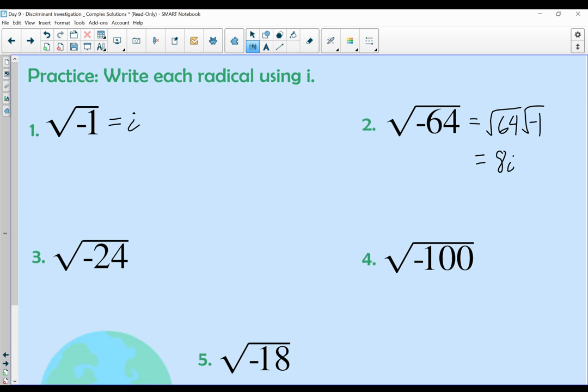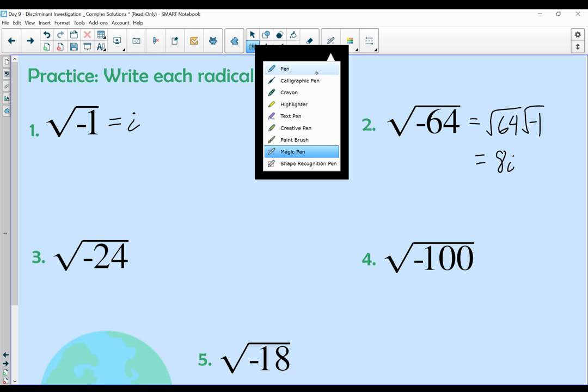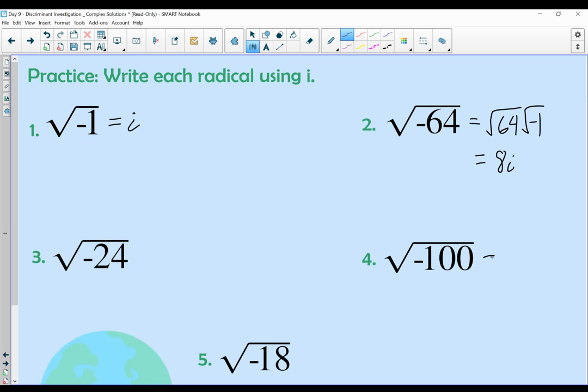That is a perfect square, which is number 4. So I'm going to skip down to number 4 real quick. I know that the perfect square of 100 is 10. So I know that the square root of -100 is going to be 10i. Okay? The negative basically becomes the i when we take it out.